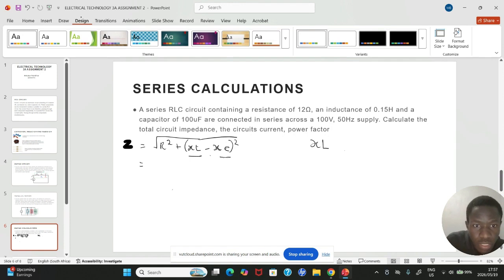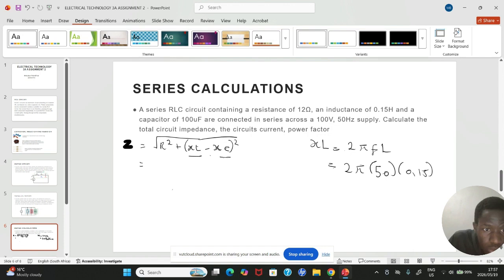The inductive reactance equals 2 pi times frequency times inductance. So we say 2 pi, our given frequency is 50, times 0.15.